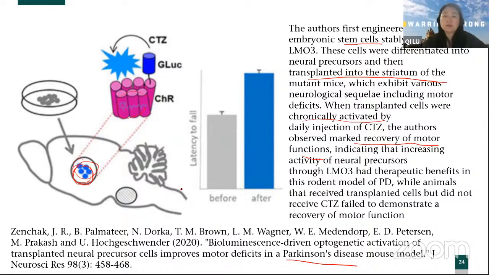So this animal is a Parkinson's disease animal model that shows Parkinson's disease phenomena.